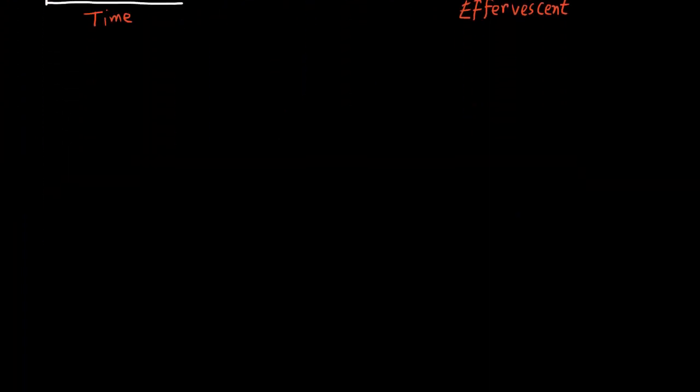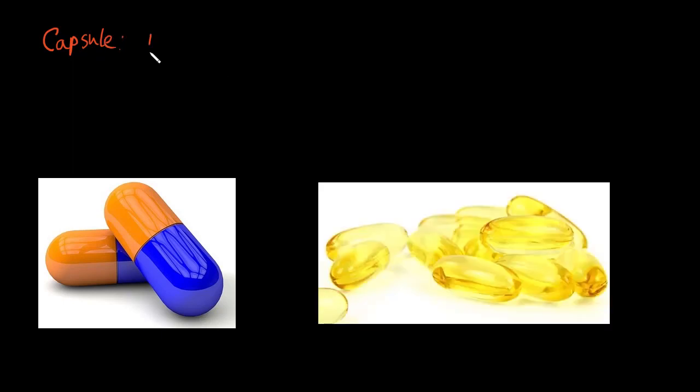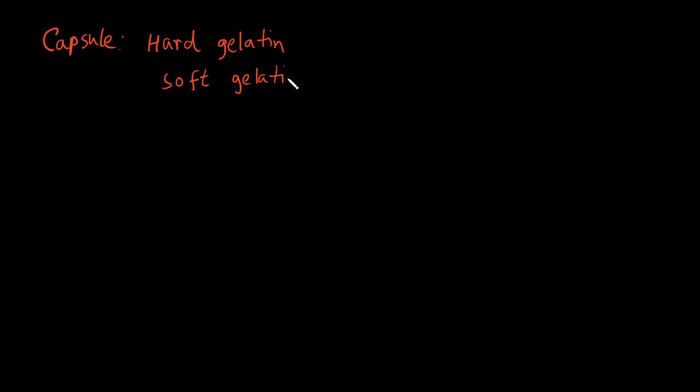The capsules can be both hard gelatin capsules and soft gelatin capsules. The soft gelatin capsules are usually only for liquid dosage forms, where some kind of liquid or oil is given in a capsule. And the hard gelatin capsule usually contains powders or some kind of granules to deliver the product.